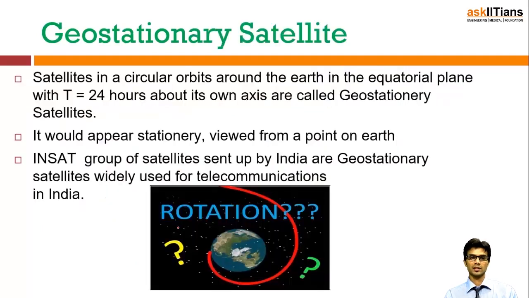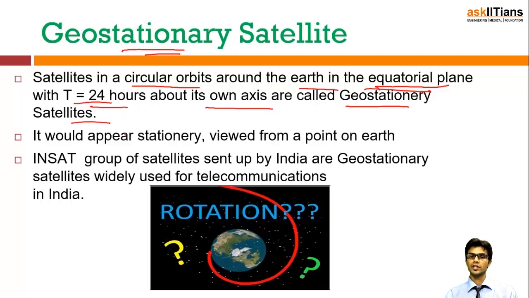Now the geostationary satellite. Satellites in circular orbits around the Earth in the equatorial plane with a time period of 24 hours about its own axis are called geostationary satellites.